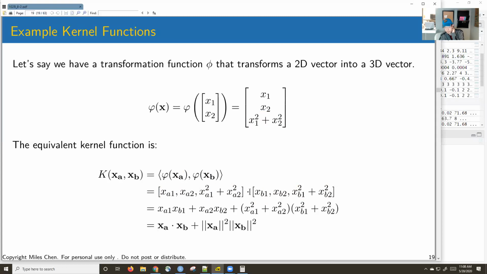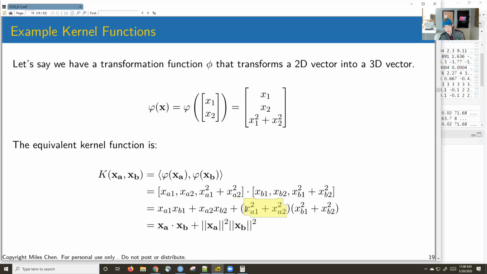If we take the dot product of those two vectors, we get the sum of xa1 xb1, and then we look at the second components, xa2 xb2, and then the third component, which will be xa1 squared plus xa2 squared times xb1 squared plus xb2 squared. What we see is that we recognize xa1 xb1 plus xa2 xb2 as the dot product of xa and xb themselves.